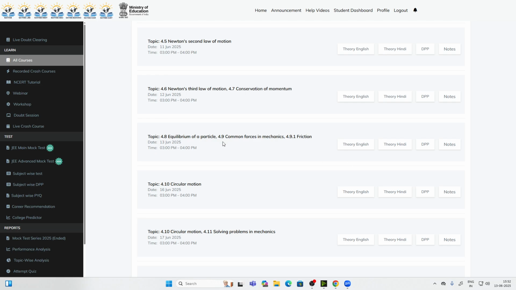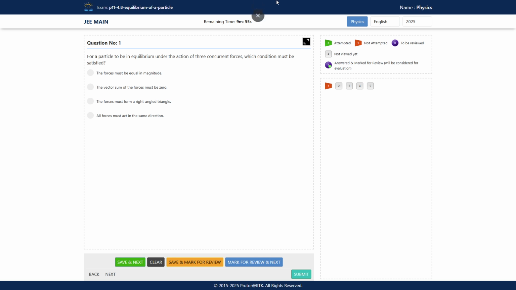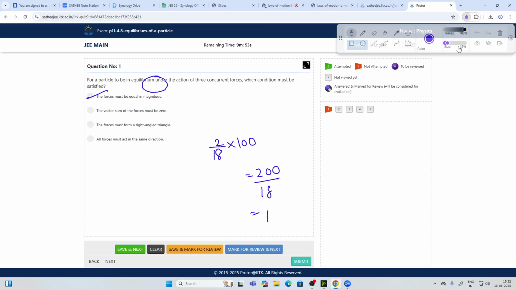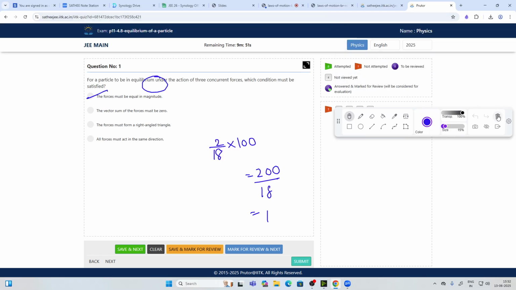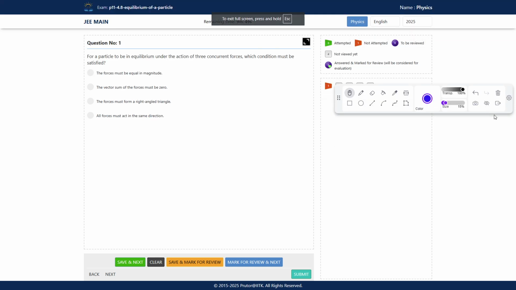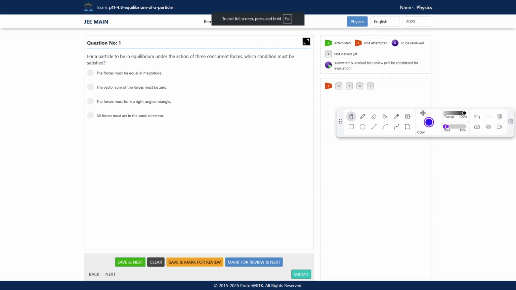So click on DPP. First question: for a particle to be in equilibrium under the action of three concurrent forces, which condition must be satisfied?